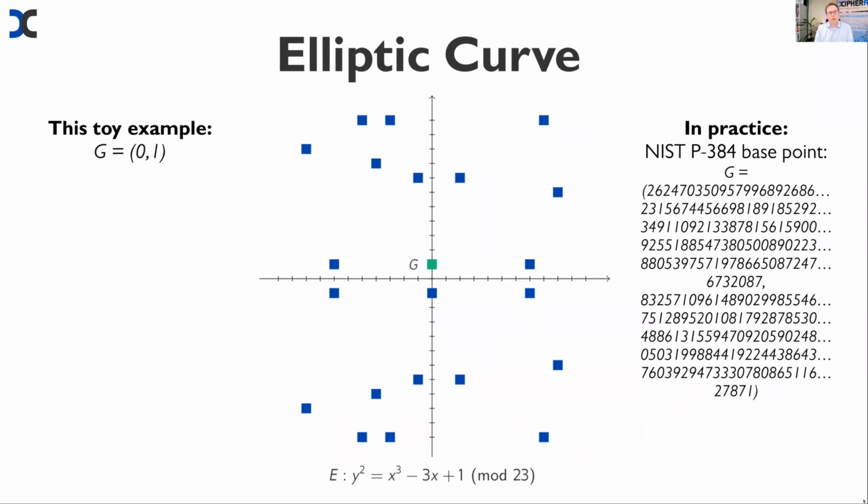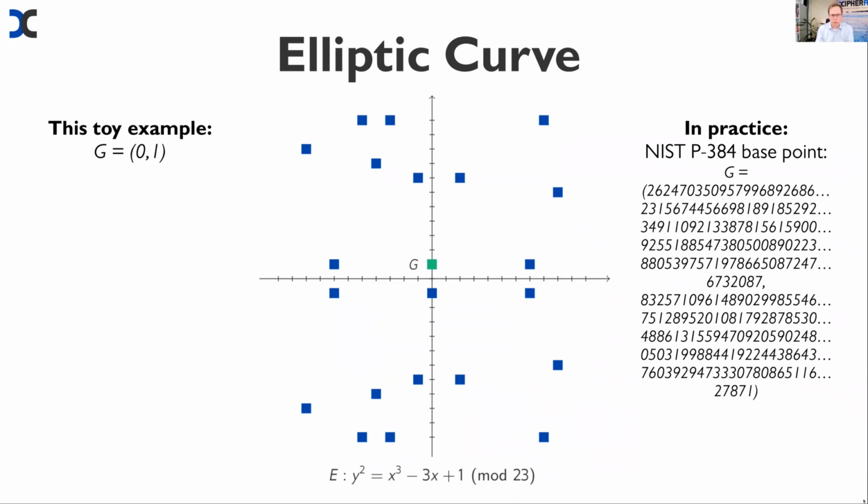Okay, so now if we take one point as a generator from the curve, in this toy example, we use point (0, 1). And on a real curve, we would use this point on the right in many systems.